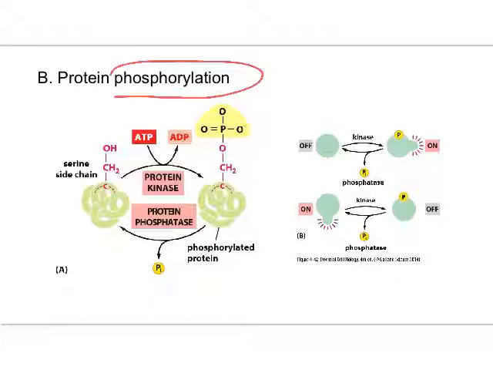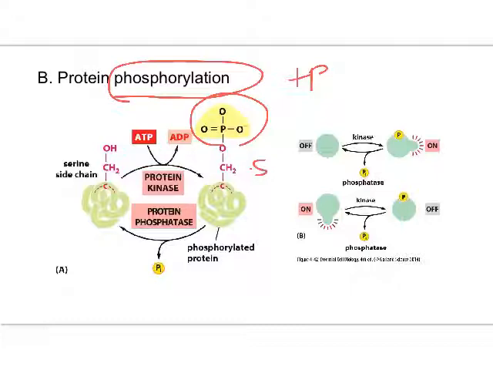So here's that word, phosphorylation. I think we've talked about it before, but again, it's just adding a phosphate group to a protein. Covalently, it usually attaches to the hydroxyl group of a serine residue, like in this example, or a threonine or tyrosine residue in a protein.